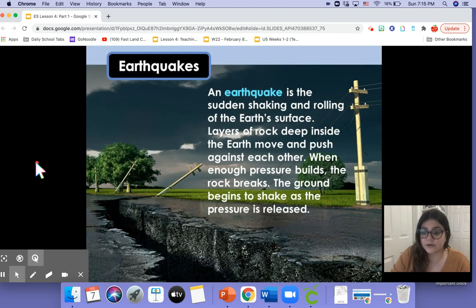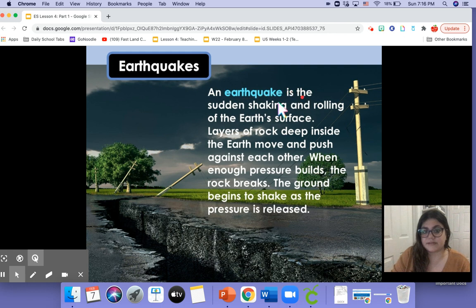Now let's talk about earthquakes. When I was growing up, there was the Northridge earthquake. I was very little, but from what my parents told me, it was a very large earthquake that caused a lot of damage. You might have felt some here and there, but oftentimes they are very fast and cause changes to the earth.